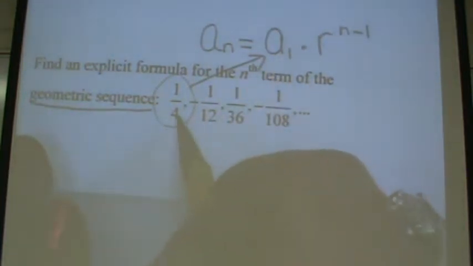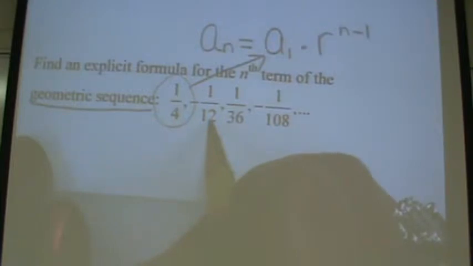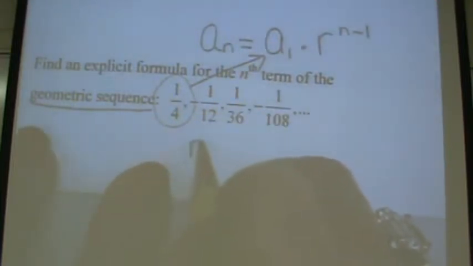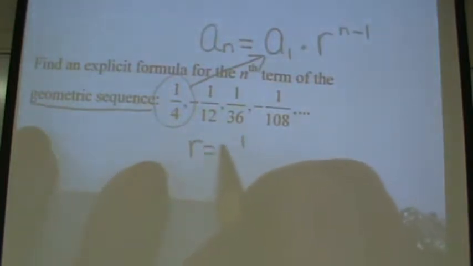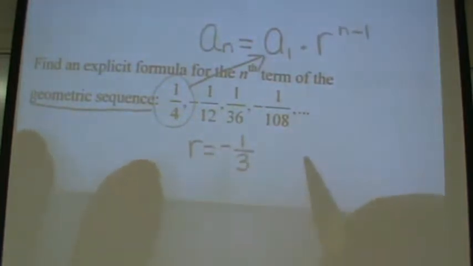How do you go from 1/4 to negative 1/12 and negative 1/12 to 1/36? That's your R value. You can figure this one out. It's negative 1/3. So what's your answer here? It's easy. A sub n is the first term times the R value to the n minus 1.